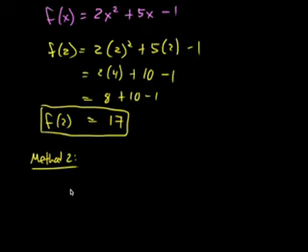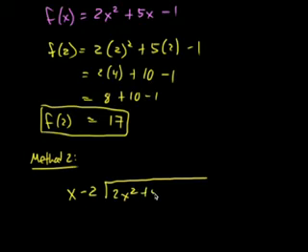If I divide by x minus 2 as my divisor, and my dividend was the 2x squared plus 5x minus 1, they're arguing that the remainder should be 17. So we'll do long division for now just to practice this.